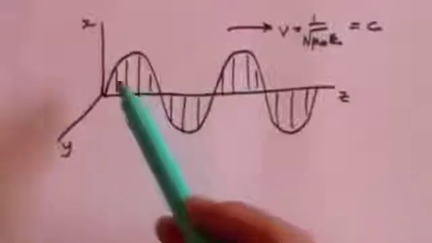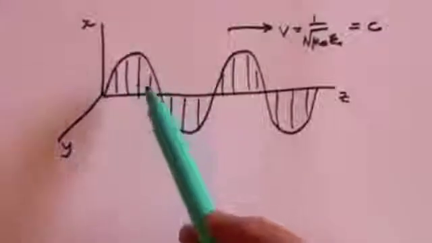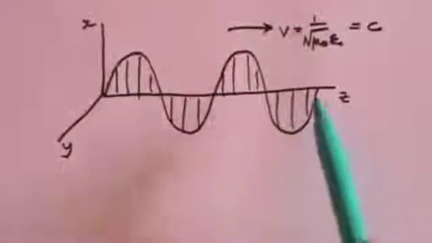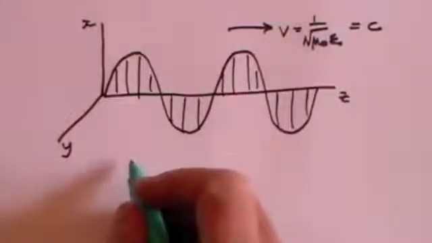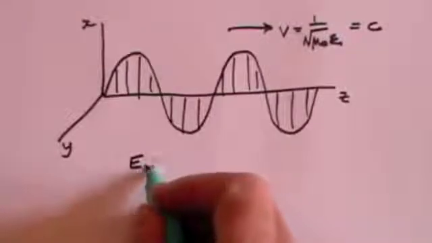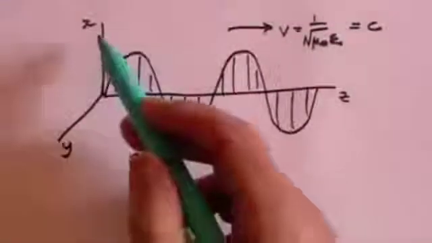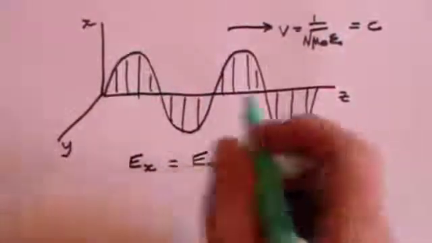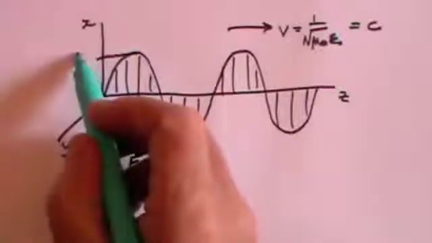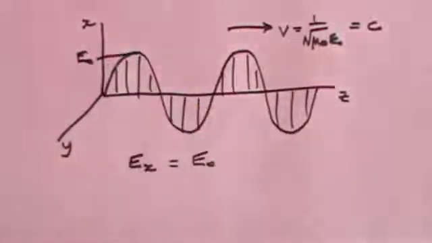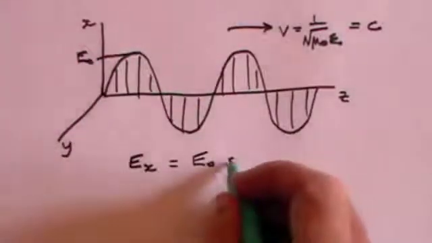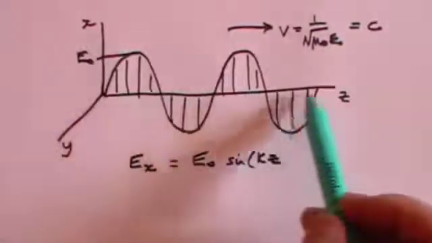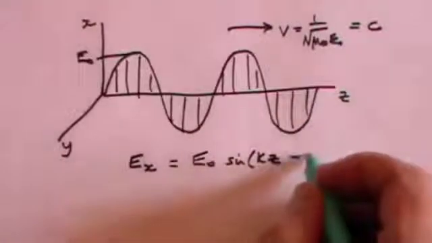So consequently, this is a wave which has an oscillating electric field. All these fields here are electric fields. And we can represent that by the idea that at any point, I'm going to call it Ex because it's oscillating up and down in the x direction. That is going to be E0, where E0 is the maximum height of the wave, times the sine of kz, and now it has to be z because we're actually travelling in the z direction, minus omega t.